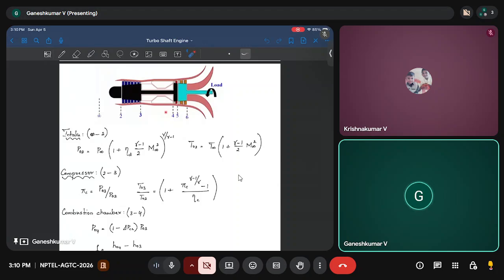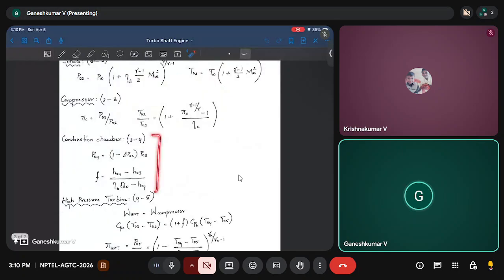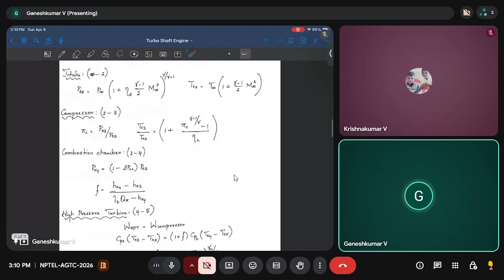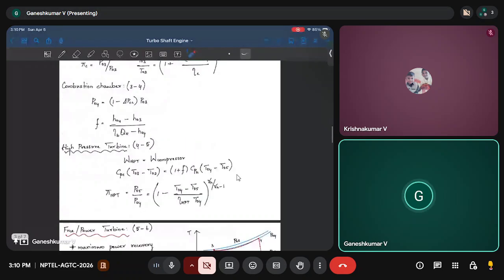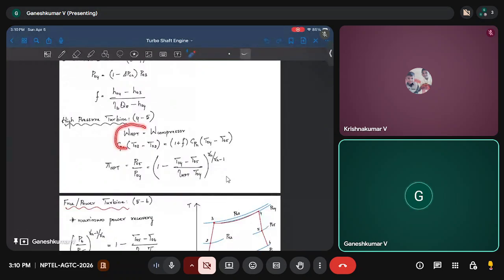The pressure ratio of the compressor is given, and after air gets pressurized in the compressor, it goes through the combustion chamber where you will add fuel and increase the temperature to TT4, T04, the turbine entry temperature. The gases come out of the combustion chamber and get into the high pressure turbine or HP turbine, and here the work done by the HP turbine is equated to the work done by the compressor.